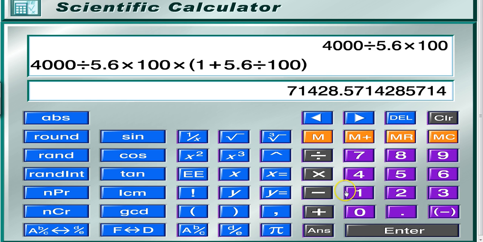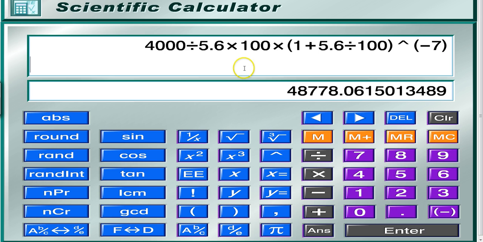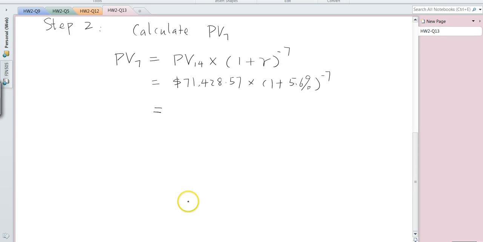Sometimes this is very sensitive. So I need a power sign, and I need a negative power, which is negative 7. So I need parentheses again, negative 7, enter. So eventually we have $48,778.06. So that's our final answer right here.